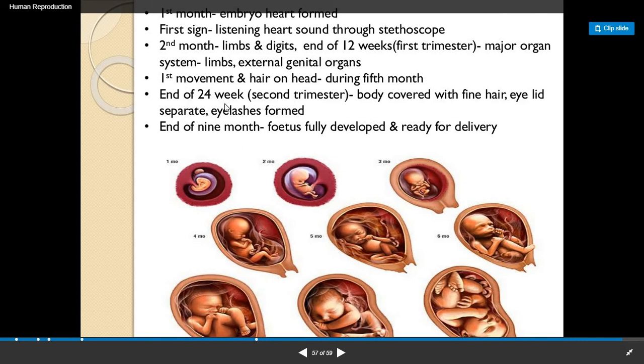By the end of the 24th week, the second trimester, the body is covered with fine hair, eyelids appear and eyelashes are formed. At the end of the 9th month, the fetus is fully developed and ready for delivery. Here you can see in the figure how the fetus looks in the first month, then the second, third, fourth, fifth, sixth, seventh, eighth and ninth months.